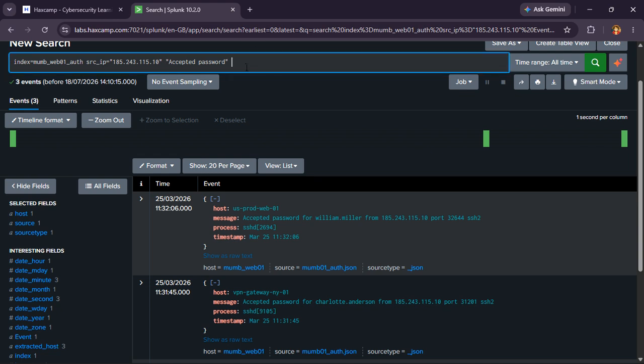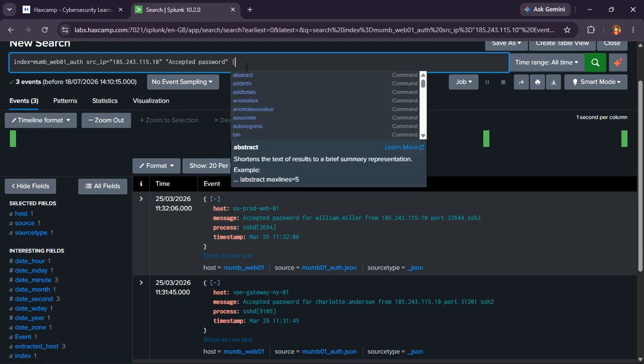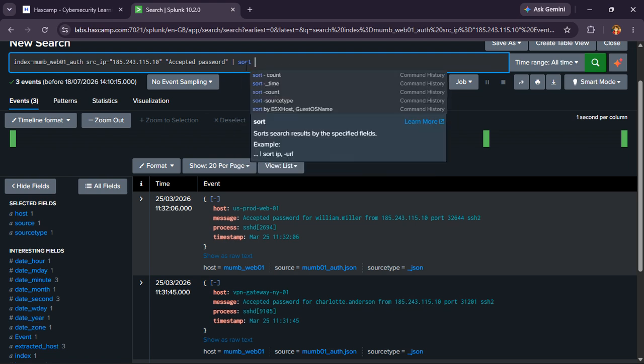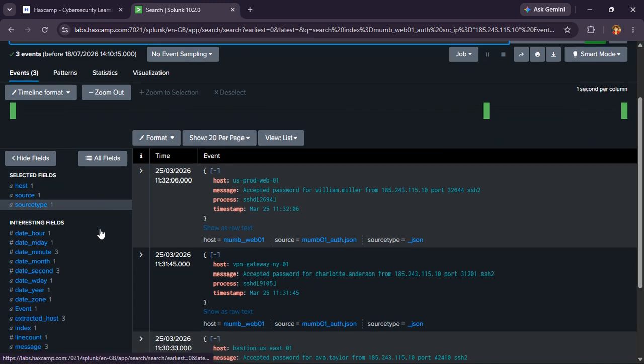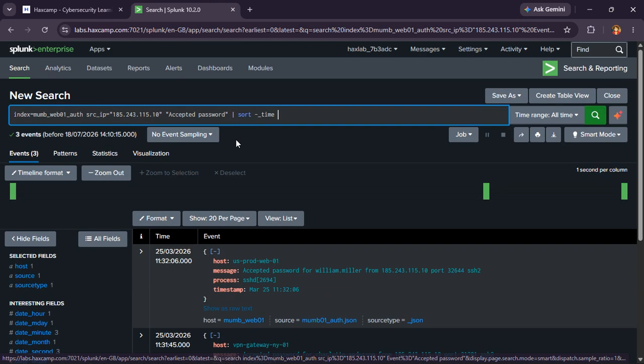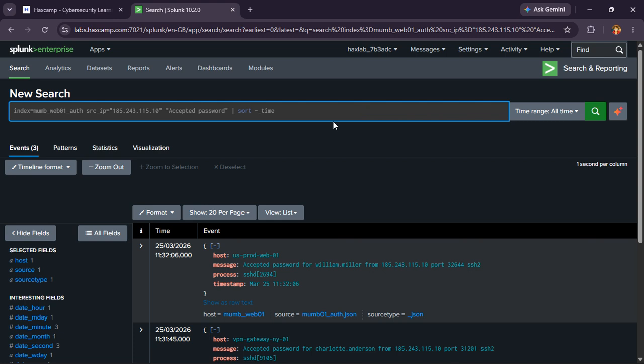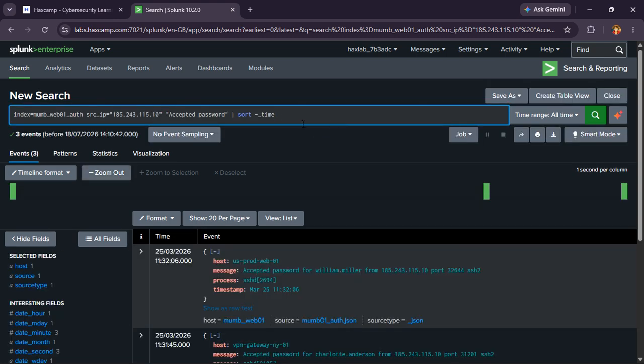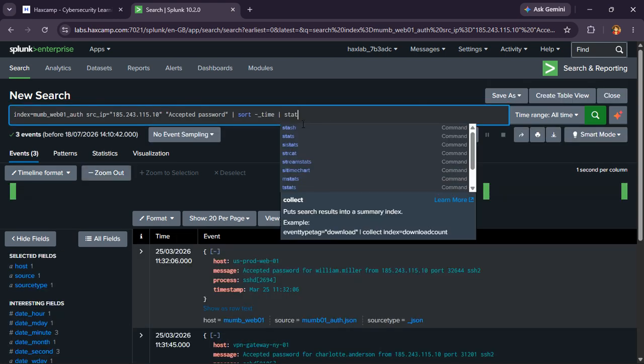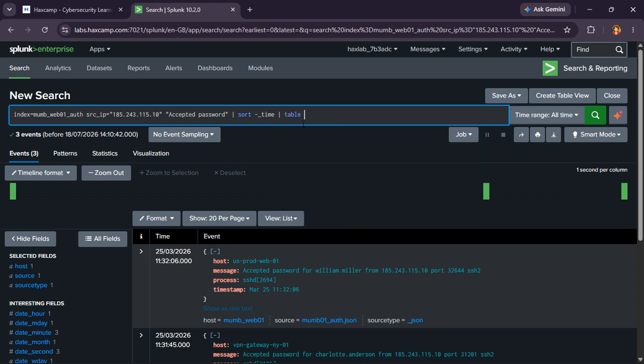After the brute force it succeeded, so we need to mention accepted password while maintaining the sort by time. First I need to look at the security index, then I mention a table.